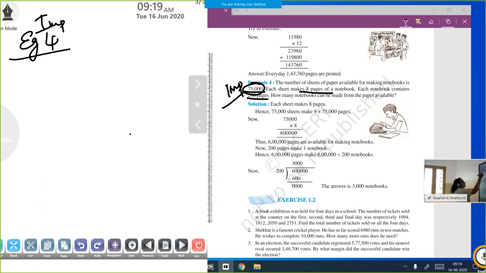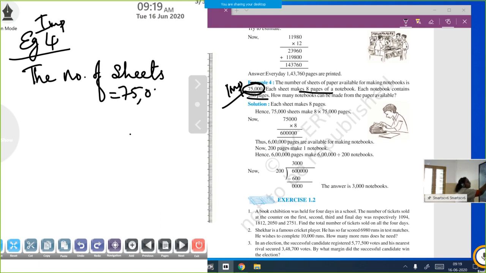So listen. Here the number of sheets of paper is equal to 75,000.